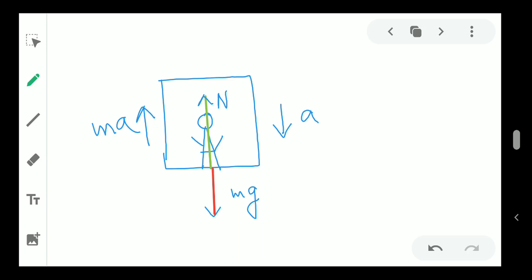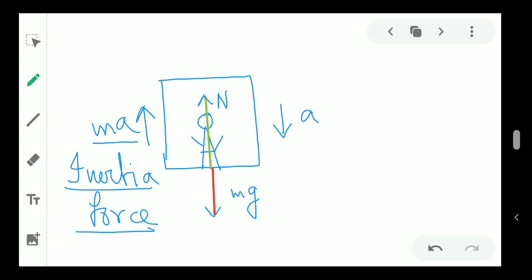Though the lift is going downward, your body will show a property for which it will try to stay in its previous state. So your body will show some inertial force, one kind of hindrance, which will be upward. I'm writing here, this is inertial force which happens due to inertia.